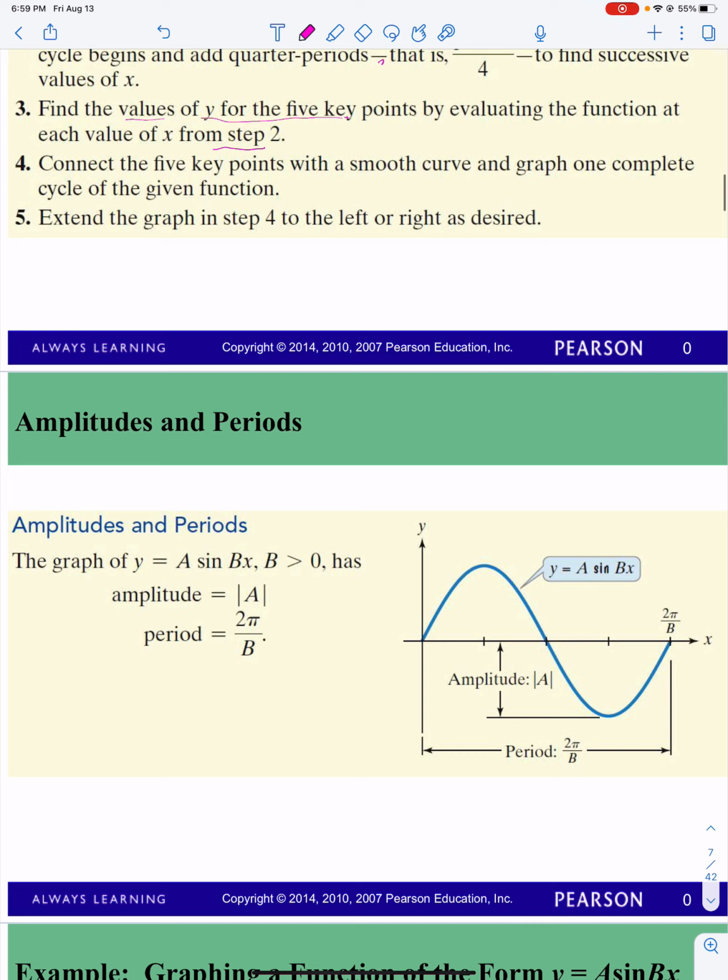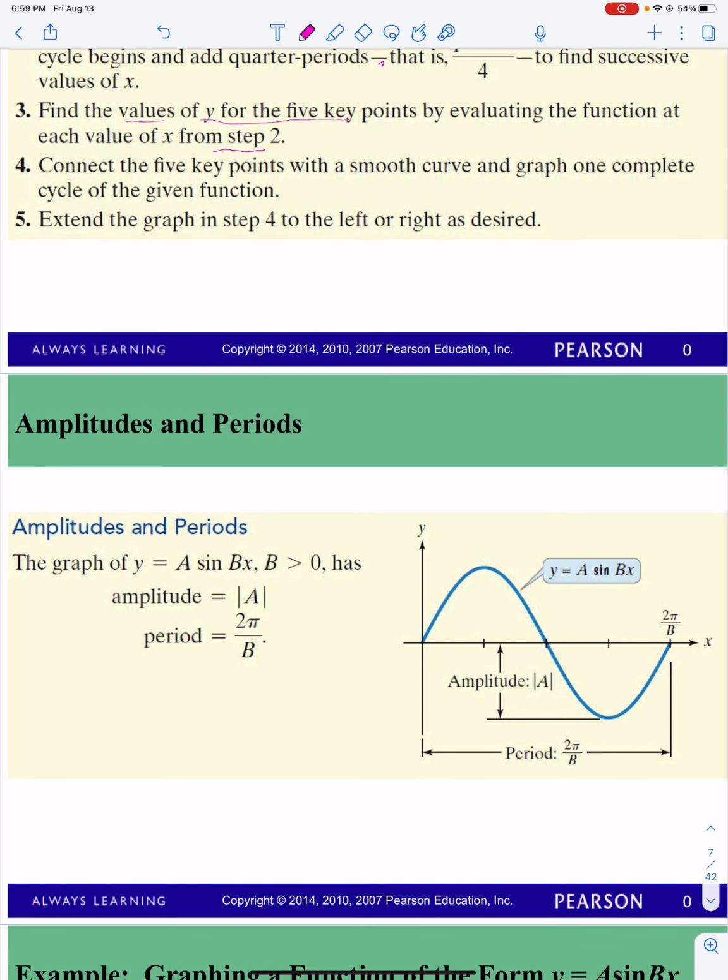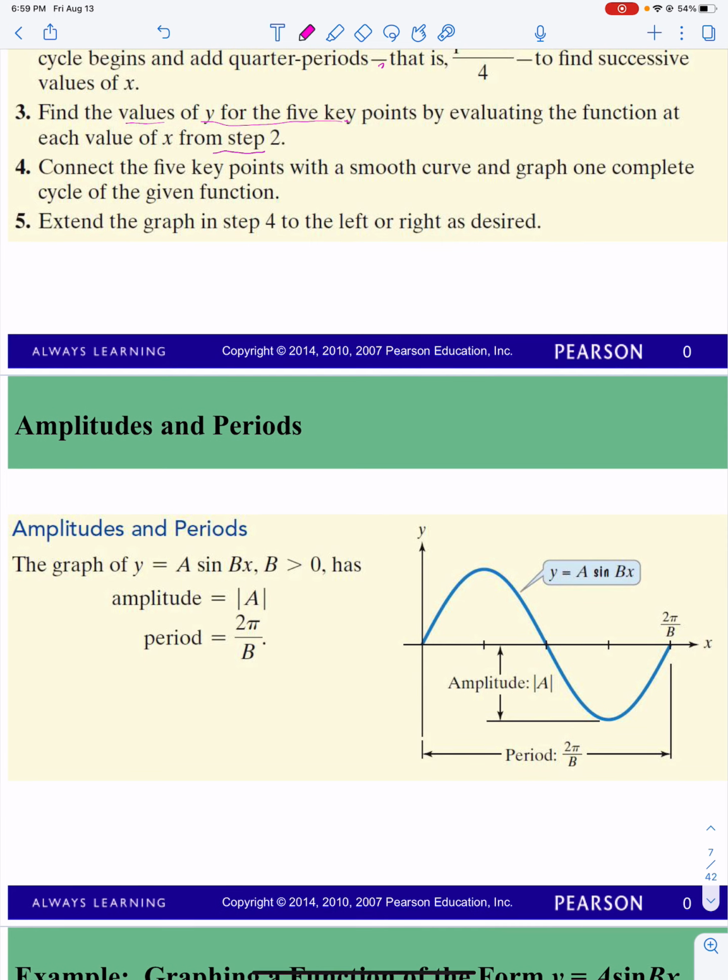Okay, so what we wanted to learn here is what will be the amplitudes and periods. How could we find it for a general sine function? So the amplitude will be what? The absolute value of the coefficient here. And the period always equal to what? 2 pi divided by the b. So 2 pi divided by the b.